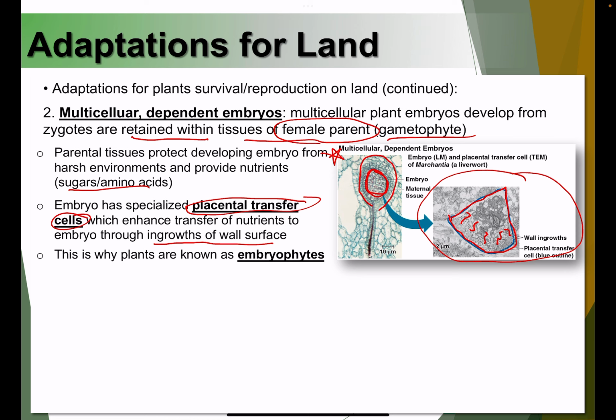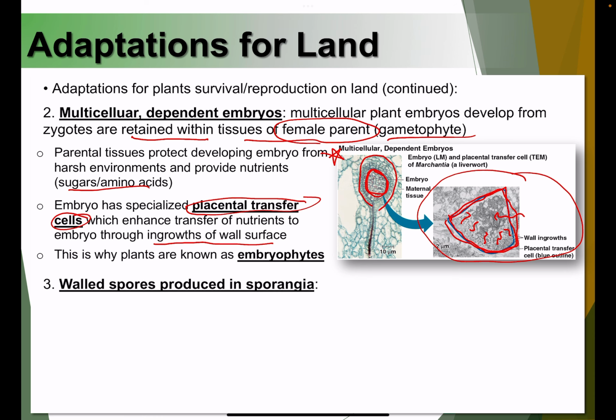So that's why you have all of these cells that help make sure nutrients are being transferred from the maternal or female parent gametophyte into the embryo itself, which again is very similar to human embryos, where a specialized type of cells eventually forms the umbilical cord and the placenta, where they will feed nutrients to the baby from the mom. So if you will be taking AMP2, we will talk about that whole process in humans. But this is why plants are known as embryophytes.